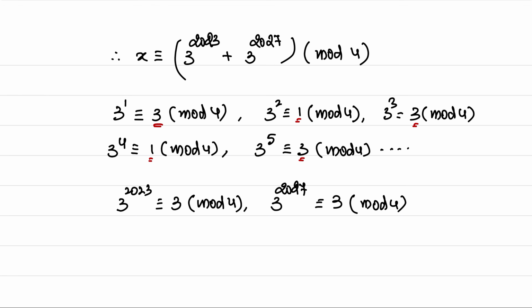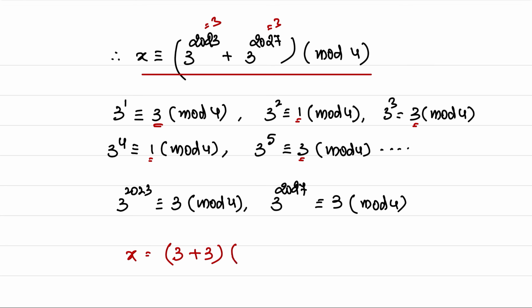Therefore, this equation can be written as x is equal to 3 plus 3 mod 4.